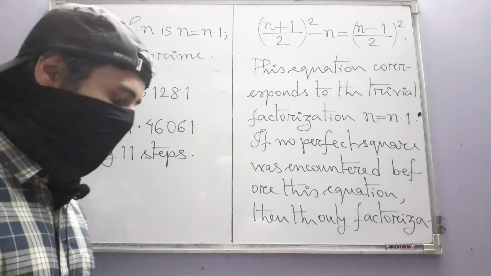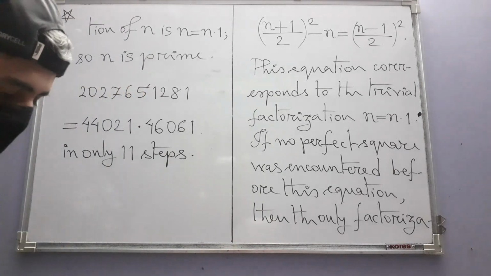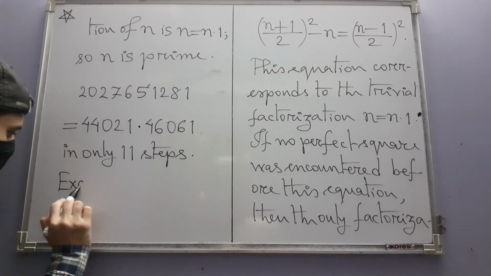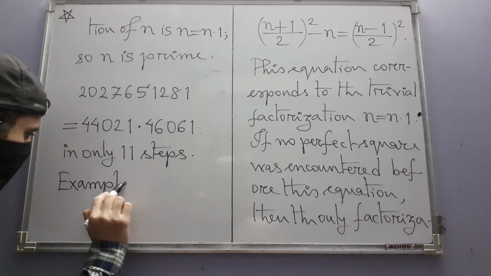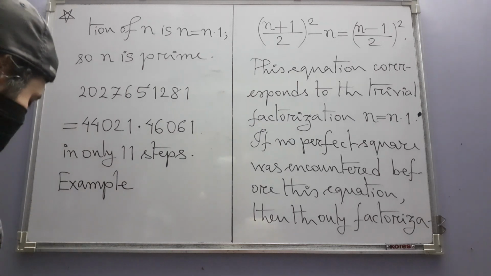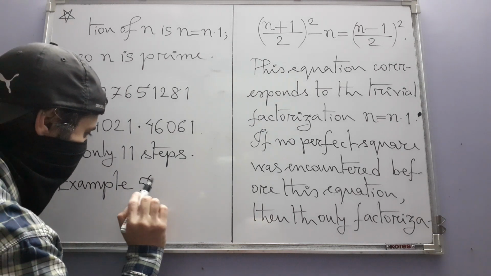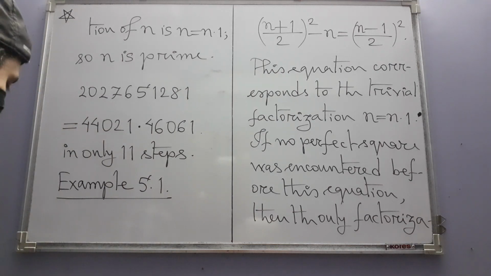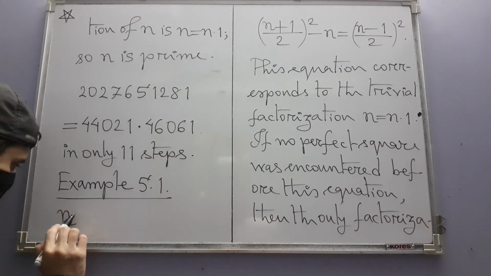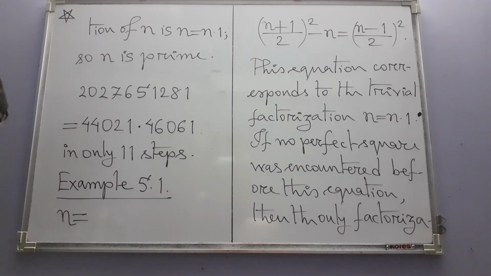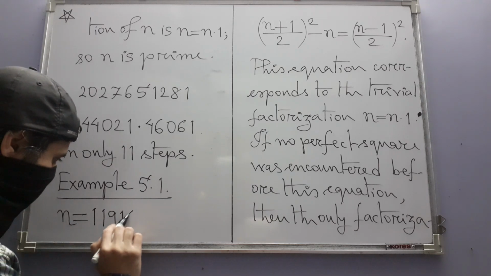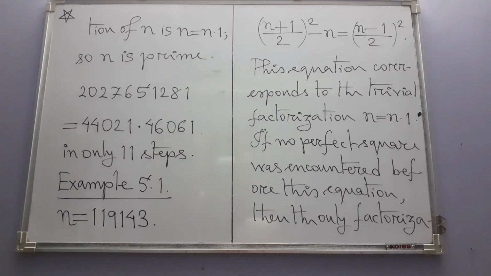Okay, so this is not the example. Now let's see the example. This is Fermat's example, but the text offers us this example. The number in question is this n, 119143.